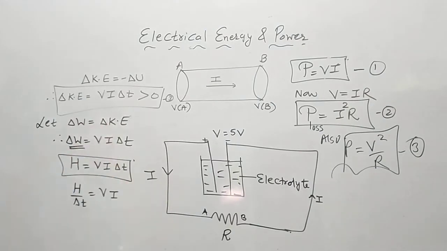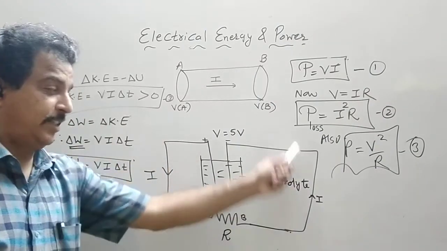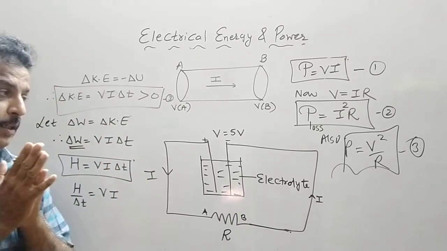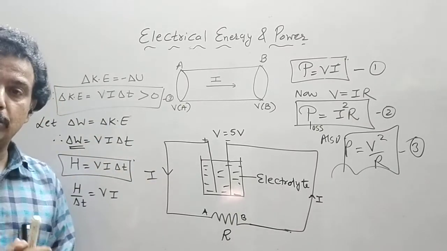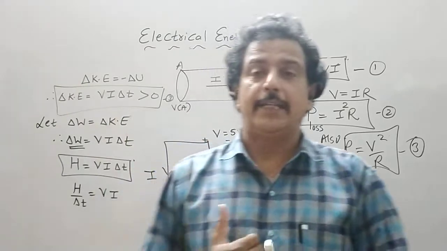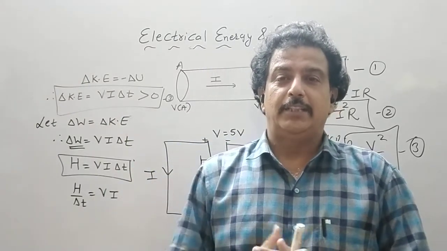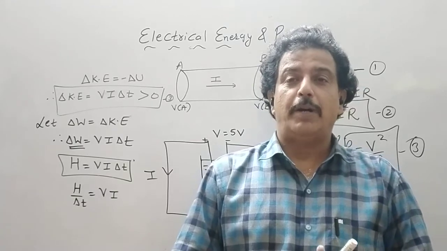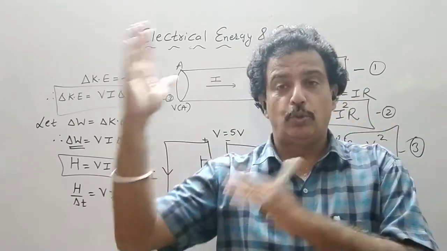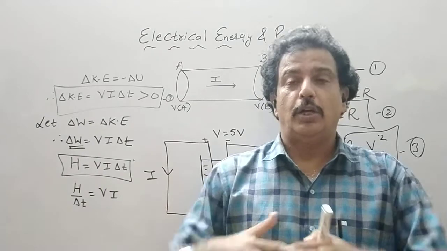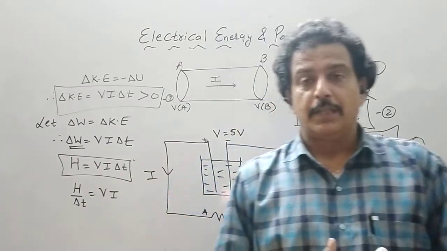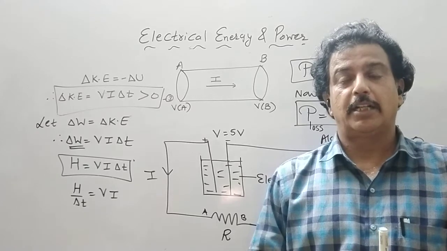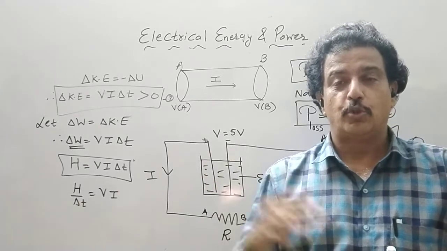Now let us see, if this wire has a resistance, then how much power is lost in this wire also. In the coming lectures we will study a device called a transformer. In order to transfer the power from the power station to our house or to an area, the voltage is kept as high as possible and the current flowing through that cable should be low.